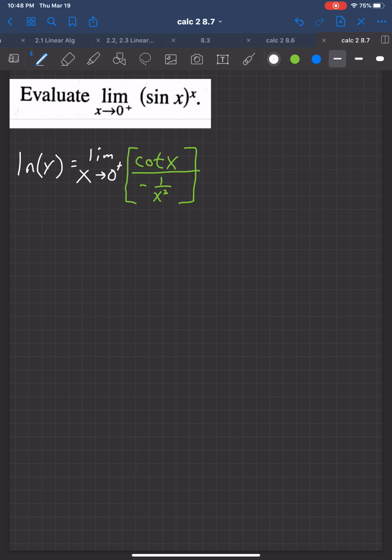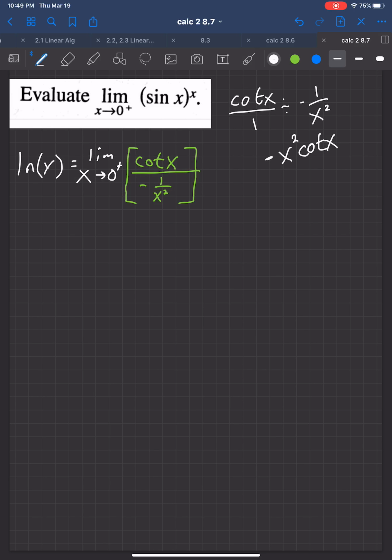Ready? So cotangent of x over 1, divided by negative 1 over x squared. I'm going to flip and multiply. So that gives me negative x squared cotangent x.